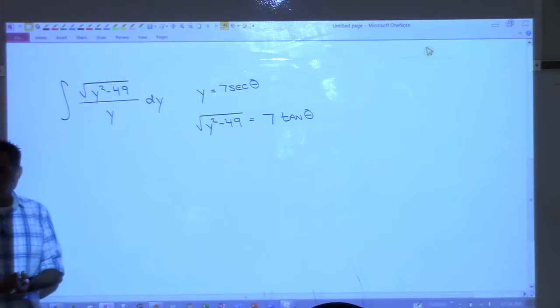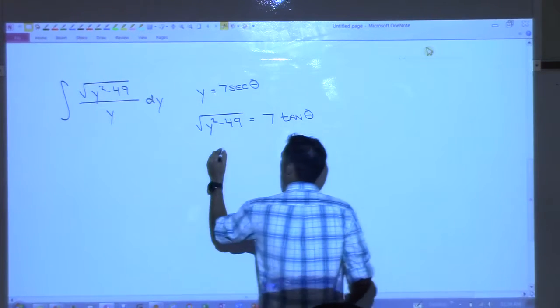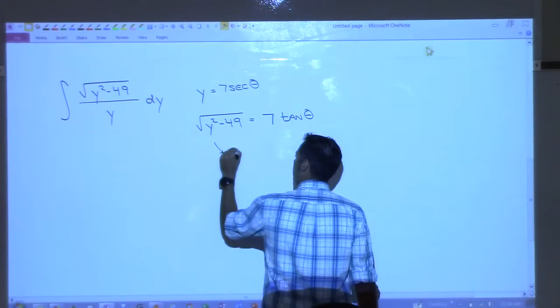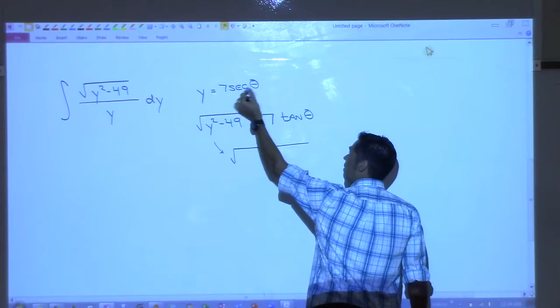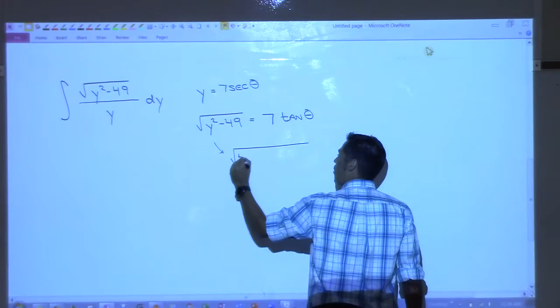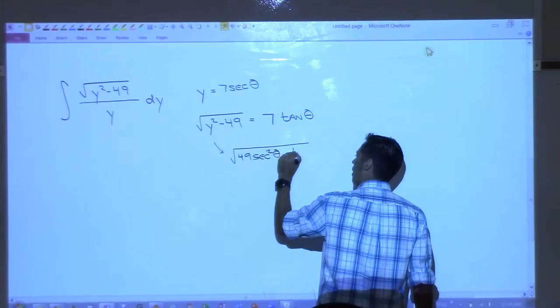Do y'all want me to show that? Okay, so I'm not showing this step because it becomes too tedious to have to do it every single time. I'm replacing y with that, so when I square it, I get 49 secant squared theta, and then I had minus 49.